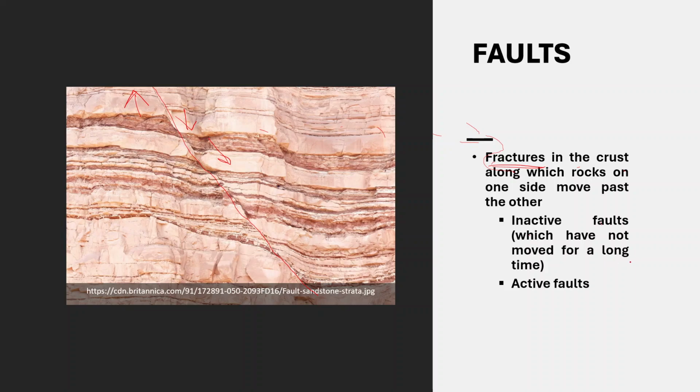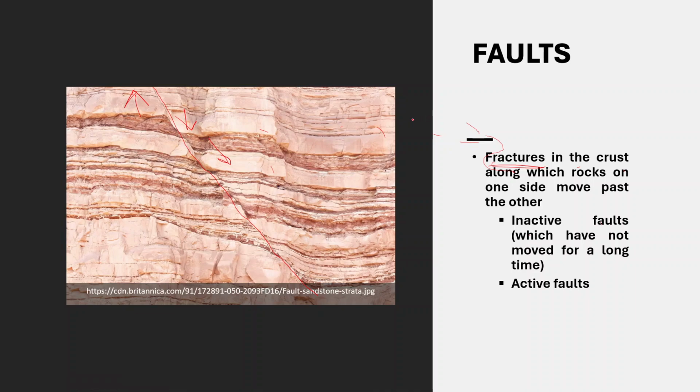There are inactive faults and active faults. Inactive faults are those which have not moved for a long time. Maybe the movement happened once, or over a long period of time, and then it has stayed intact. Now when you look, there is no significant movement, so you can call it an inactive fault.